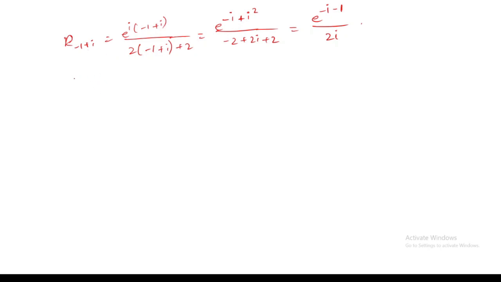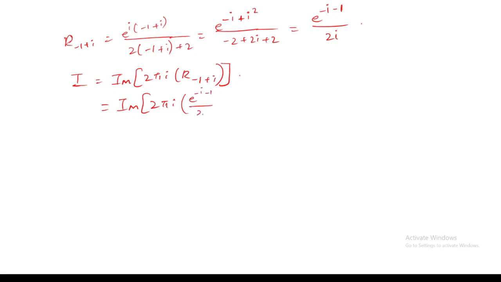Now coming back to the integration. We have already written it as the imaginary part of 2 pi i into the residue at minus 1 plus i. On substituting the value of the residue, we get 2 pi i into e power (minus i minus 1) divided by 2i.